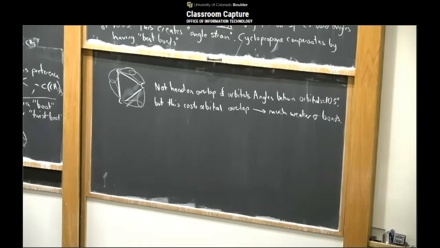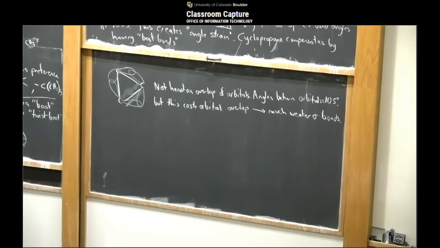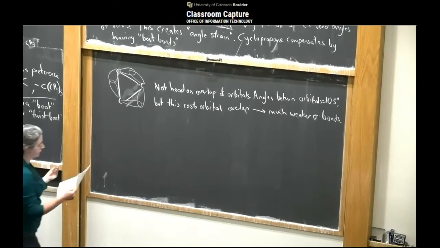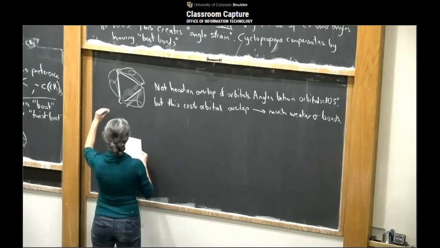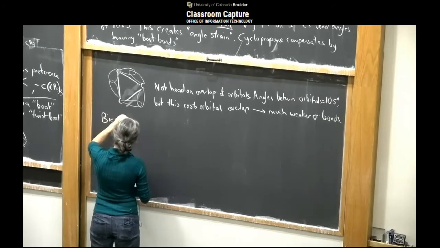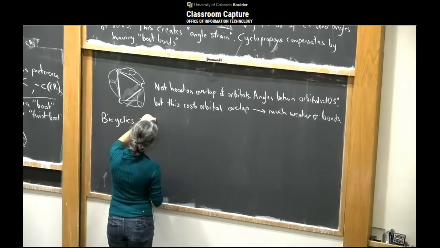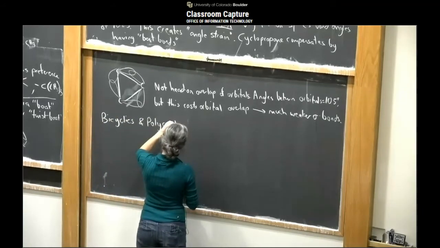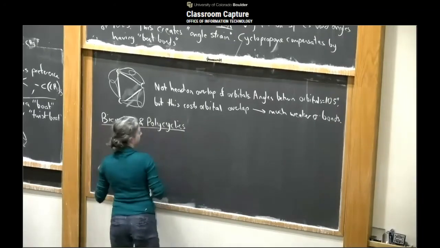We're not really going to cover larger single rings at all, because those also get pretty complicated in terms of conformations. But what we are going to cover for a little while here is things with multiple rings. So what we're going to look at now is bicyclics and polycyclics. Okay.